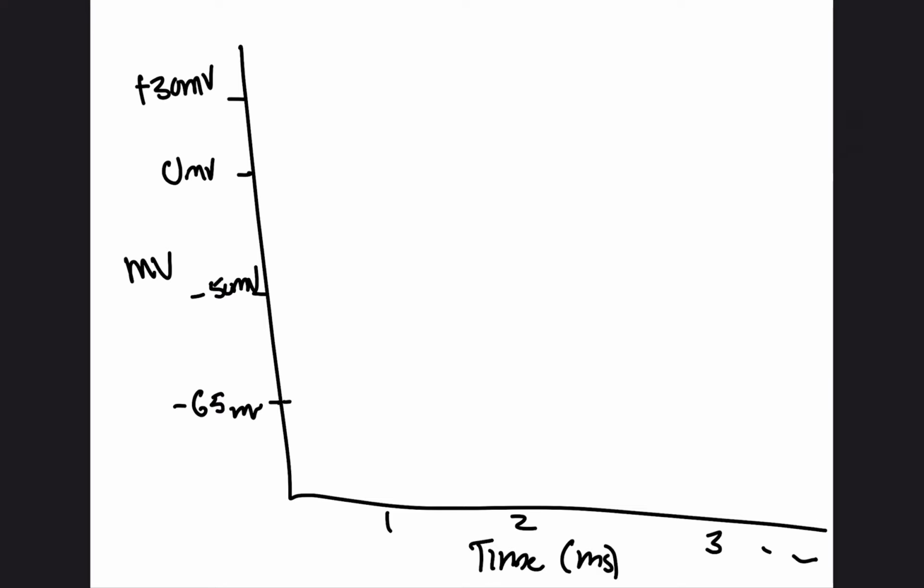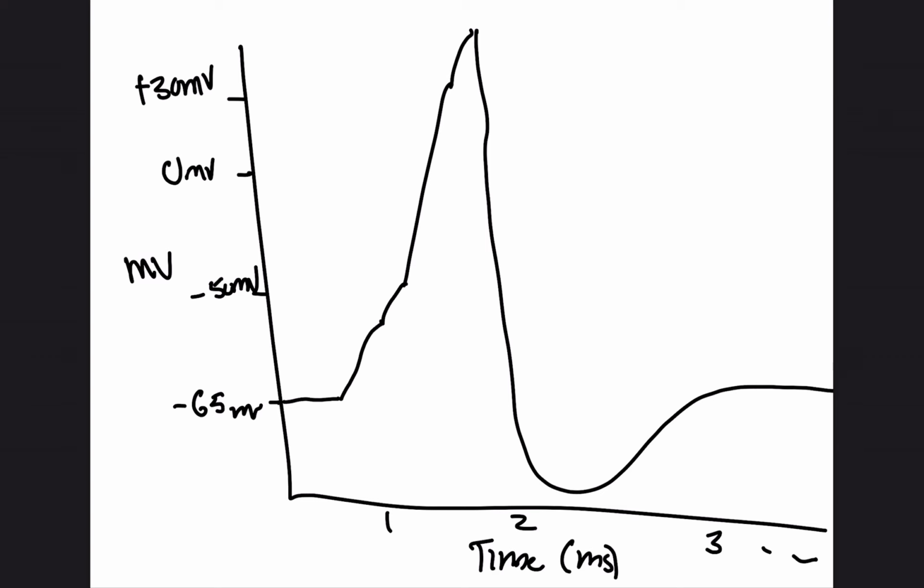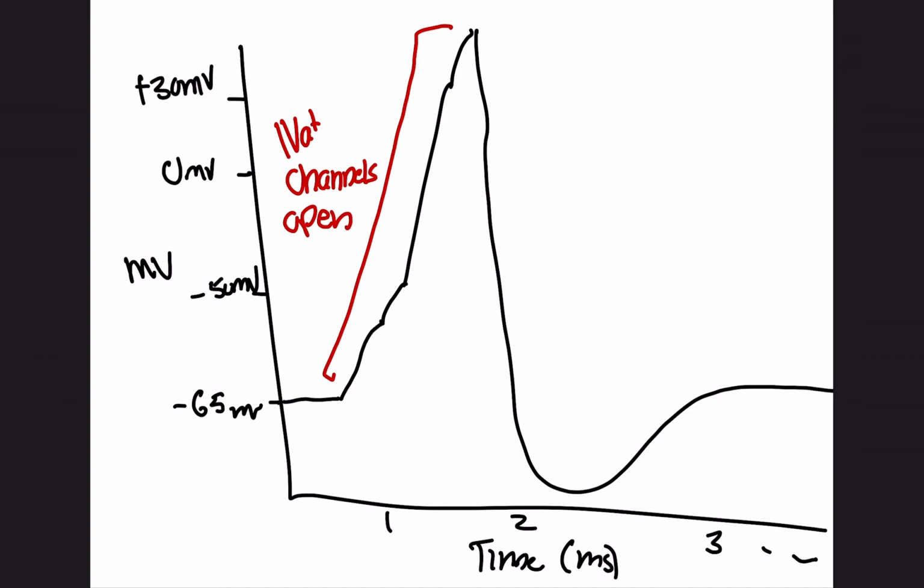Okay, so we're at resting, and then we get our EPSP, and we get our action potential, like that, and we go back down. Okay, that's kind of messy, but whatever. So this is our depolarization, right? We're going up in voltage. This is when sodium channels open. And this over here is our repolarization. We're going down. This is when our potassium channels open.